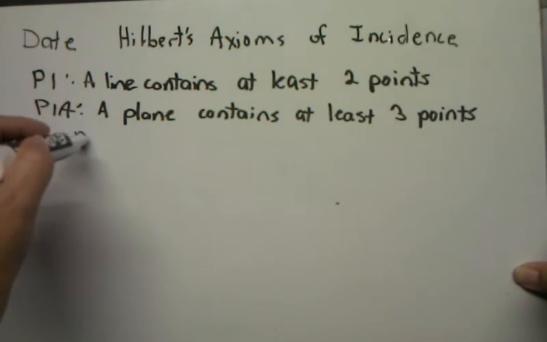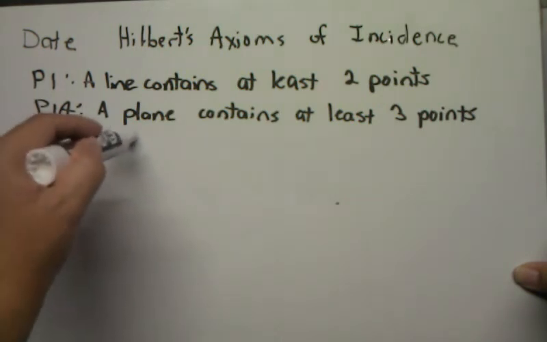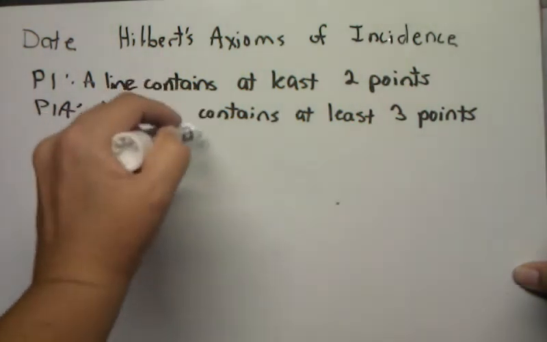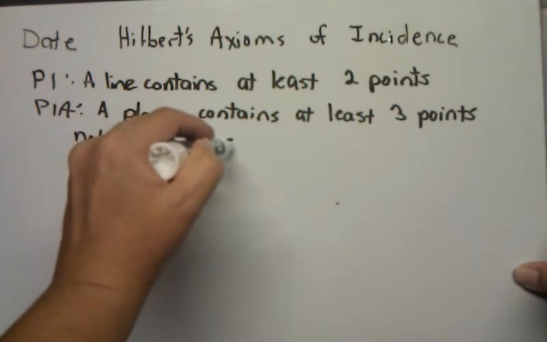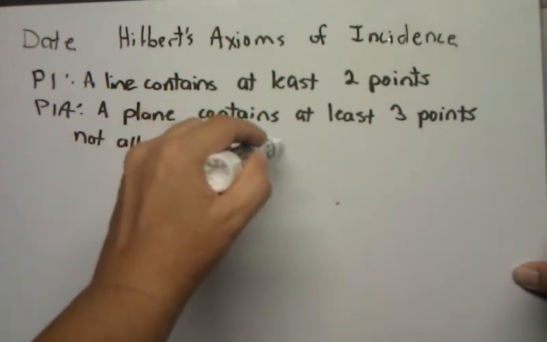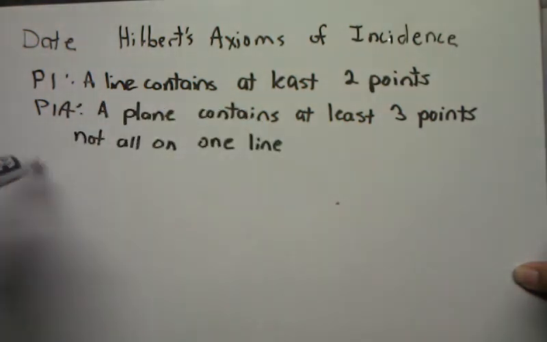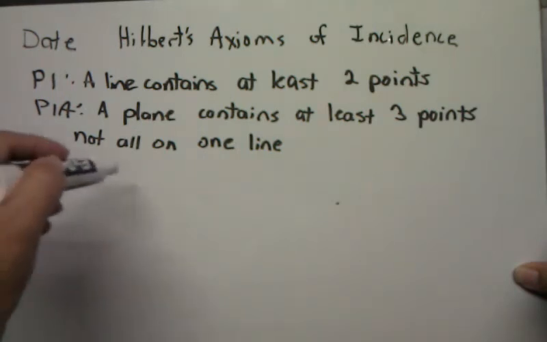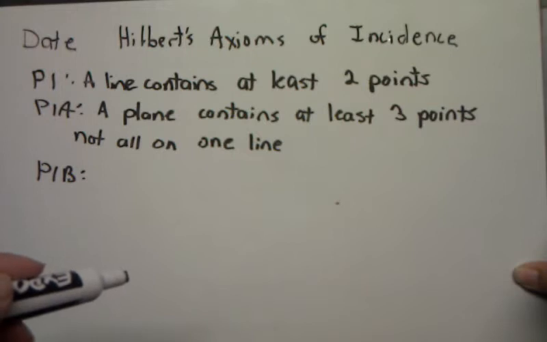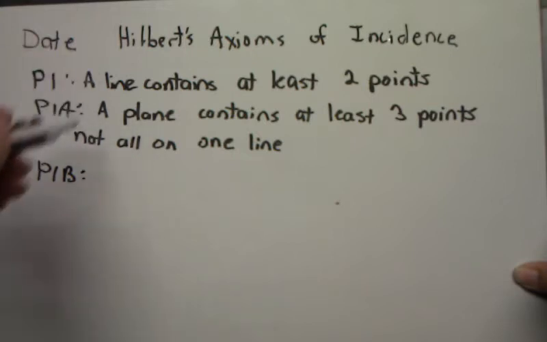Not all on one line. Postulate 1B, space contains at least 4 points not all on one plane.